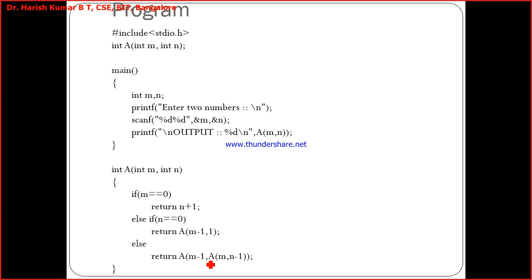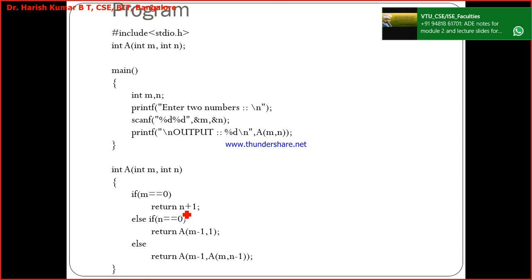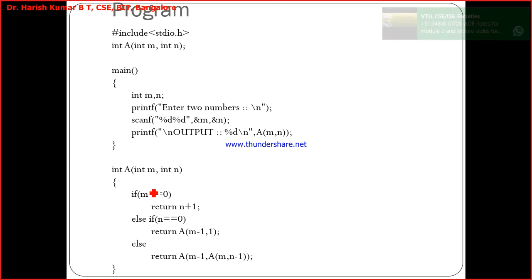Yes, sir. So recursively we are calling. If m is equal to 0, we don't recursively call, we just return n plus 1. If n is equal to 0, again we recursively call the same function by passing the first argument as 1 less than m and the second argument as 1.